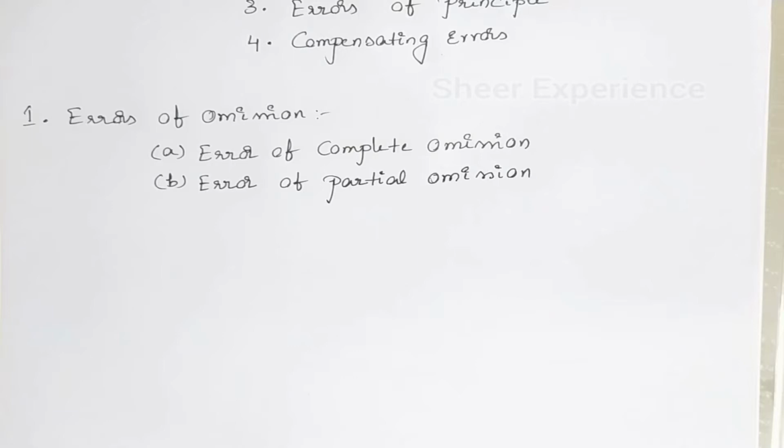For example, we have sold goods to Tim on credit basis, but we forgot to update the credit sales amount in the sales book. This type of error is called error of complete omission. And this error of complete omission will not affect trial balance because we have not recorded the journal entry itself. So the amount will not come to trial balance.